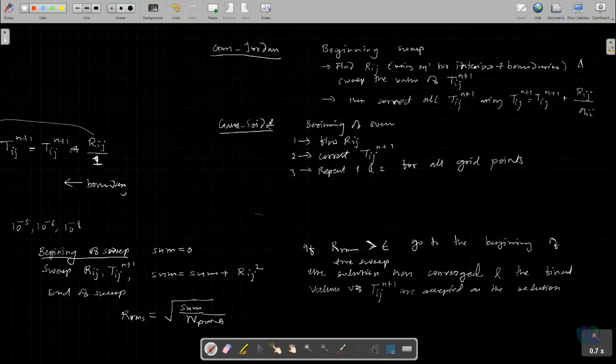This difference comes because we wanted to take the new values of the latest guess values. So in order to accommodate that, we are doing this.